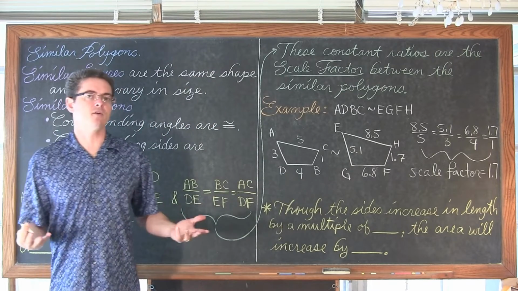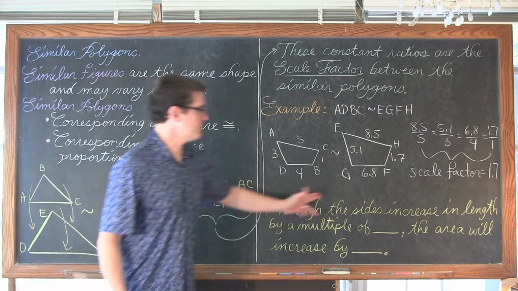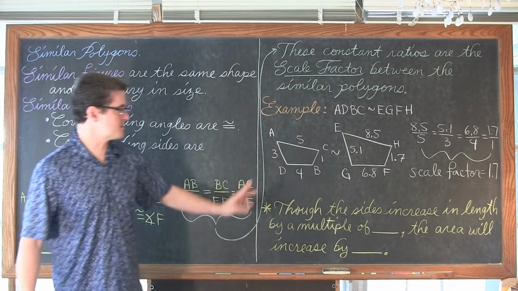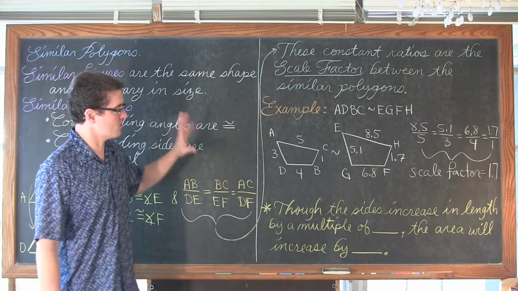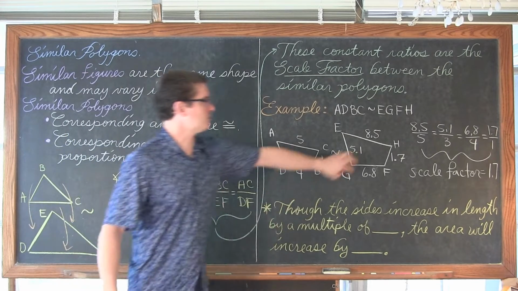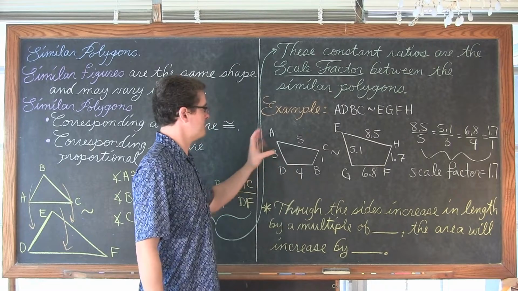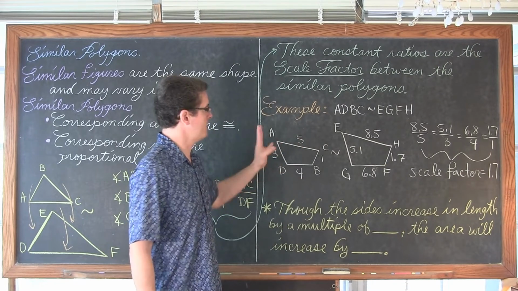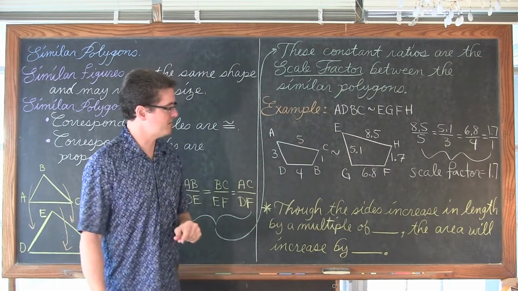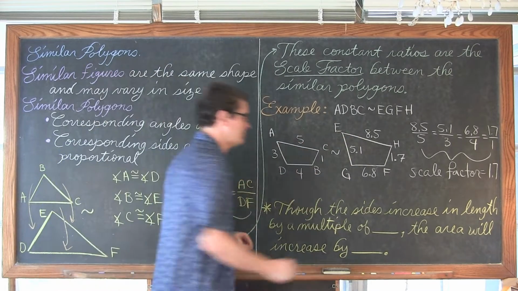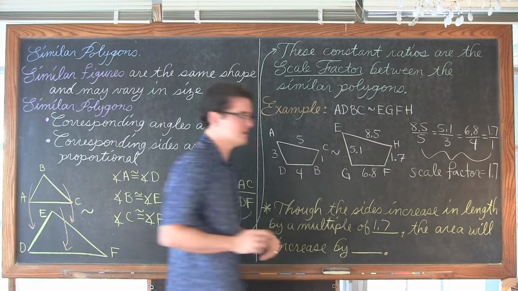And I only call it a scale factor because they're all equal. So the sides between these 2 polygons increase in length, and of course I'm talking about increasing because I did the large polygon divided by the small. So if I take all these measurements of the small polygon and multiply them by 1.7, then all those lengths increase by a multiple of 1.7.